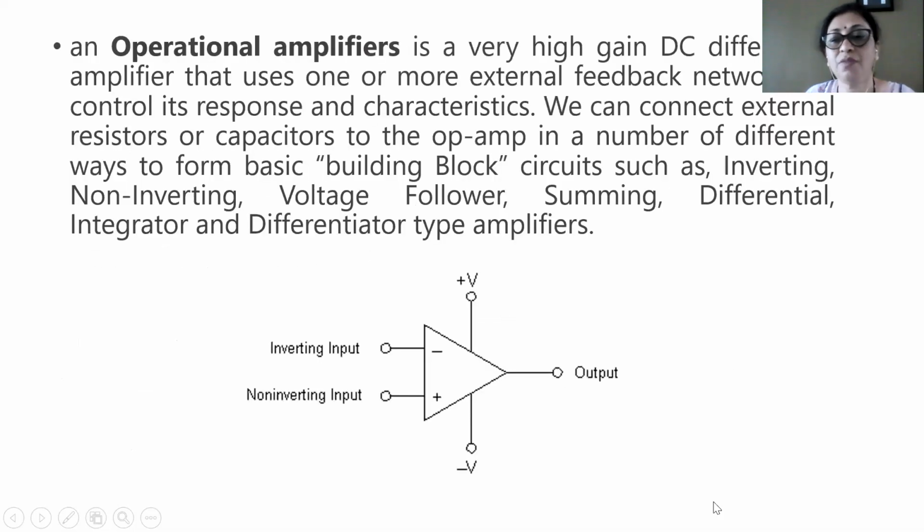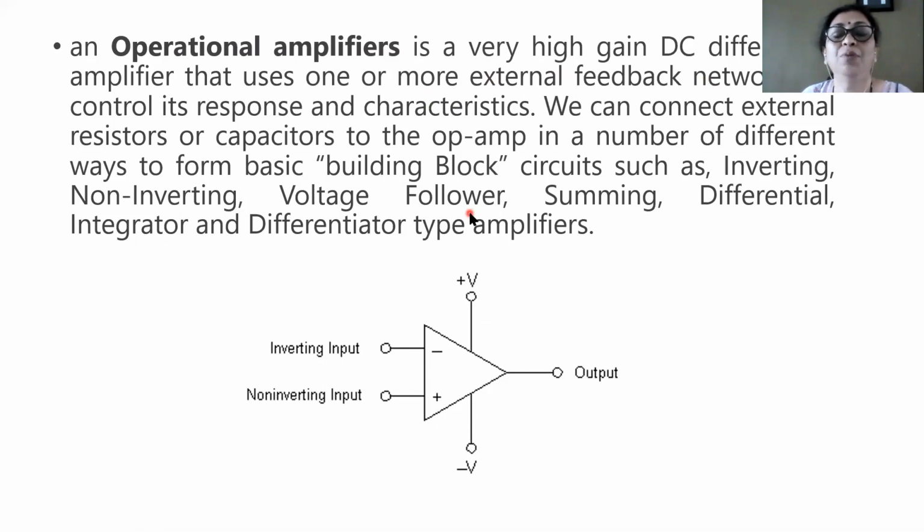Now, if you see this, what you can observe is the symbolic representation of the operational amplifier. As we have already discussed, an amplifier is a circuit which increases the strength of the signal, and an operational amplifier is a special type of amplifier which was earlier used for performing analog computations, basically mathematical operations.